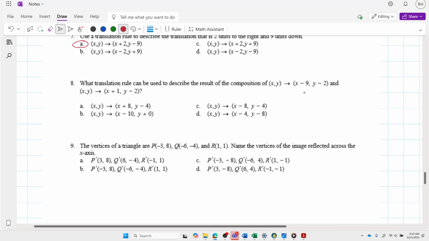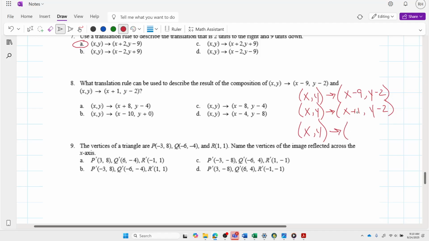So the initial rule is for every xy, we're going x minus 9 and y minus 2. The second translation says that for every xy, we're going to go x plus 1 and y minus 2. So our composition is going to be for every xy, negative 9 plus 1 would be negative 8.